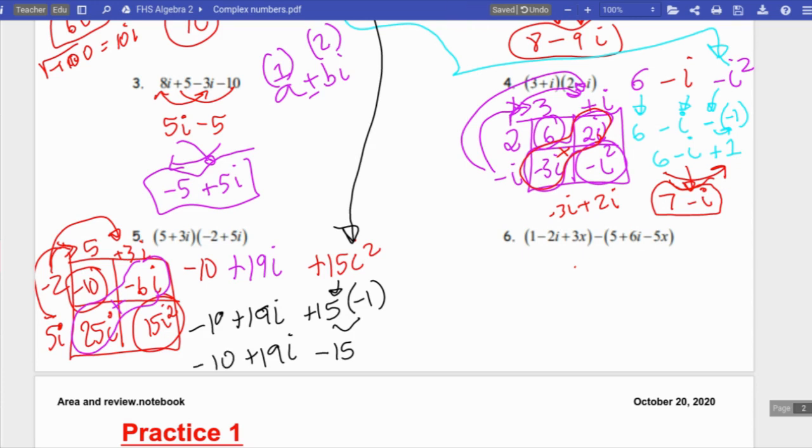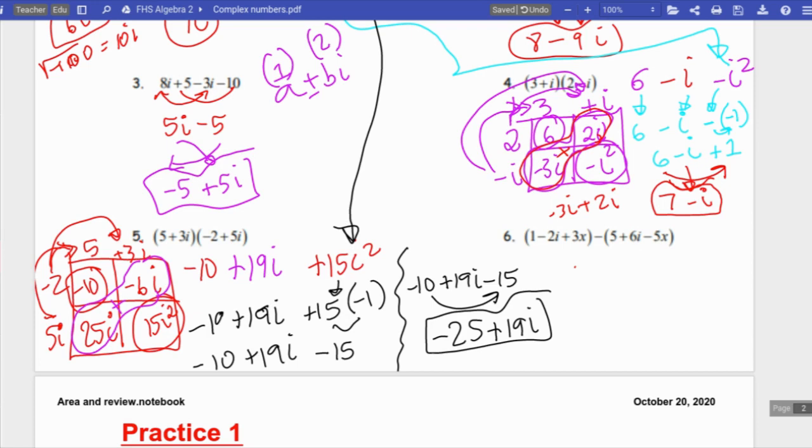Now you can combine like terms. Negative 10 plus 19i minus 15. Put this together, which gives us negative 25 plus the 19i. We're done. How do you know you stop here? Because it's a plus or minus bi.